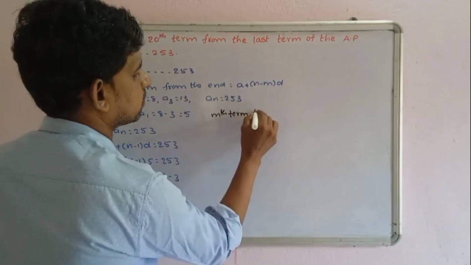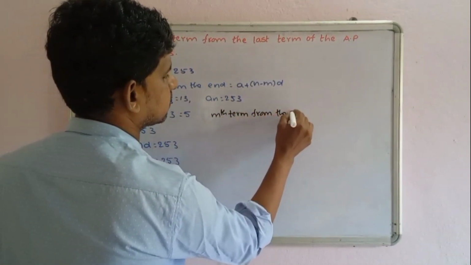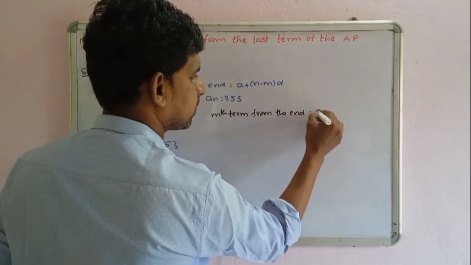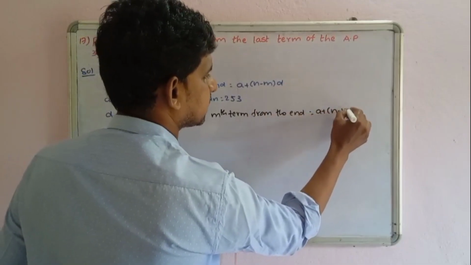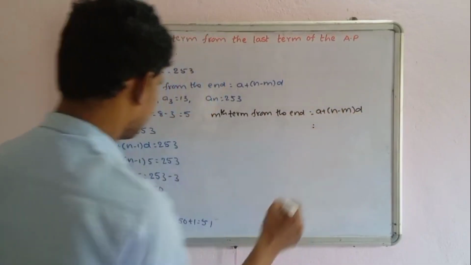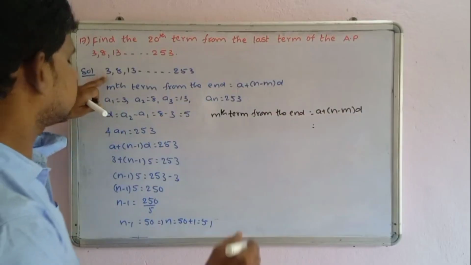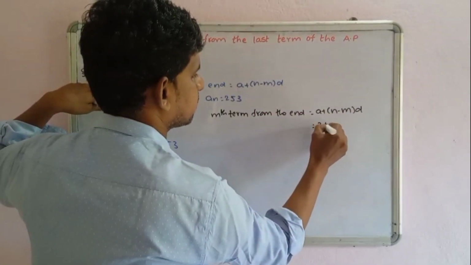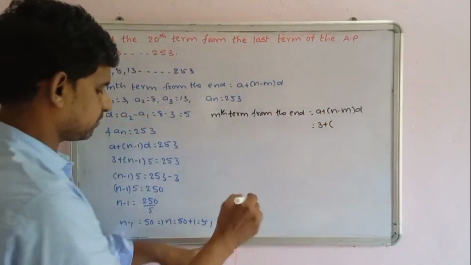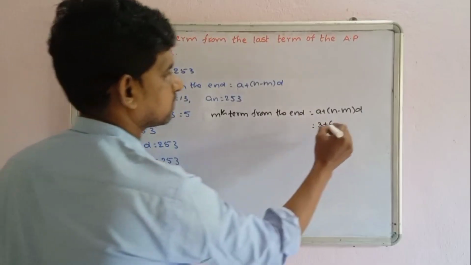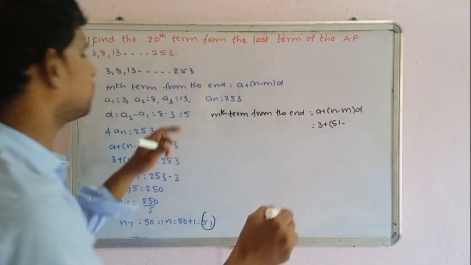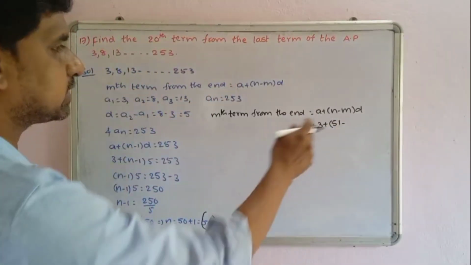Nth term from the end equals, what is the formula? a plus n minus m into d. Here a value is 3 plus, what is the value of n? 51. n is 51. Which one we will find? 20th term from the end, that is the m.